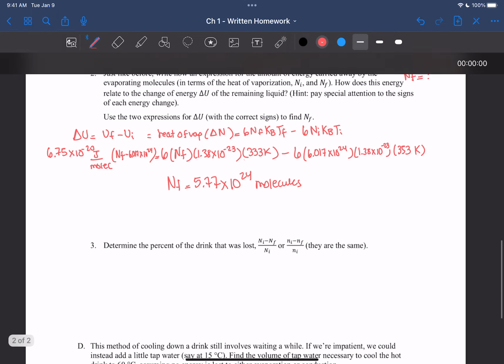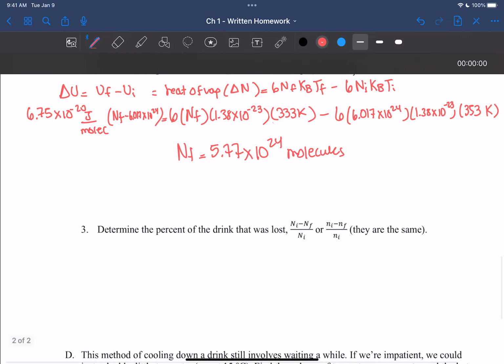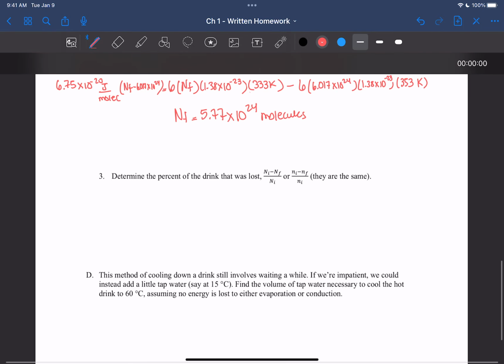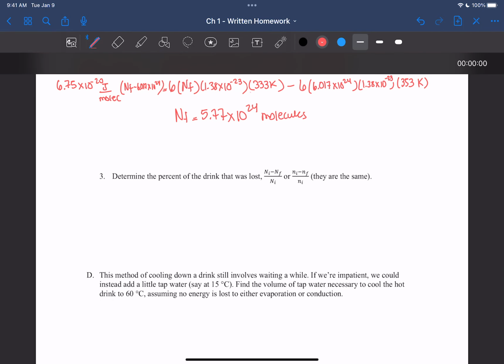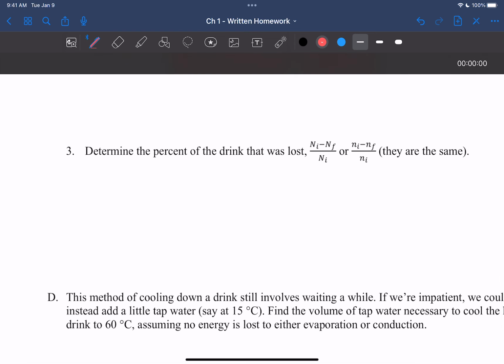All right, so part 3 here is determine the percent of the drink that was lost, big Ni minus NF over Ni, or little Ni minus little NF over little Ni. And they're the same anyway, so you just pick one and roll with it. This is really simple. All you do is take that initial, 6.017 times 10 to the 24 that I had. If you got 6.02, that's totally fine, as long as it matches your work.